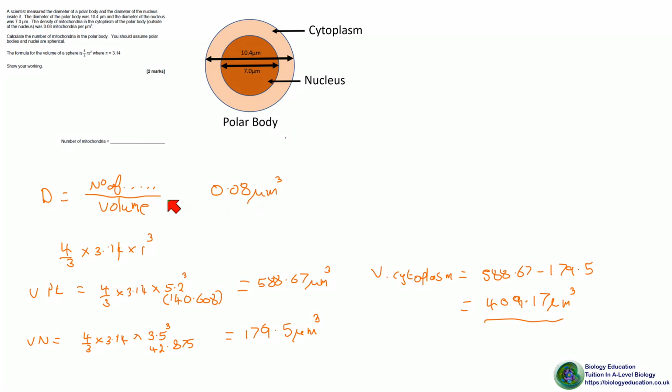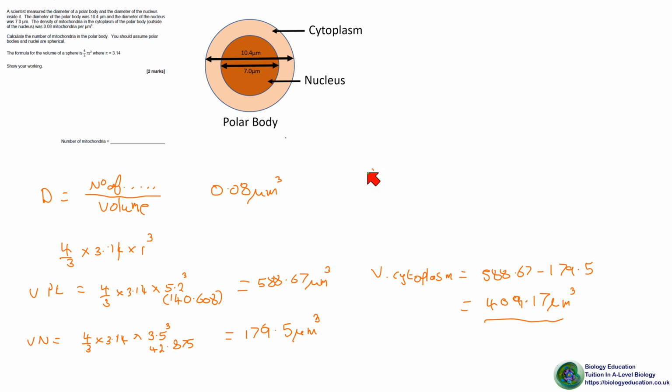Whenever something is divided by the volume, in order to remove the volume from the answer, we have to times by the volume.